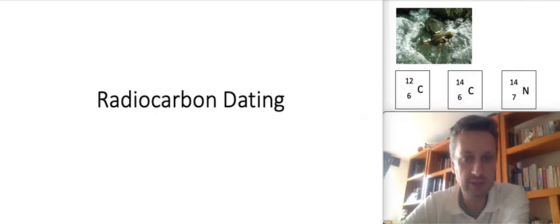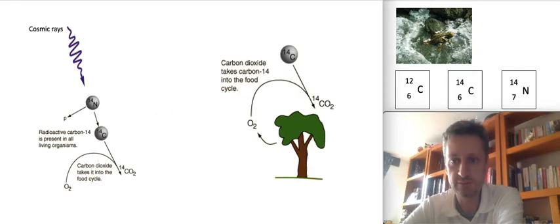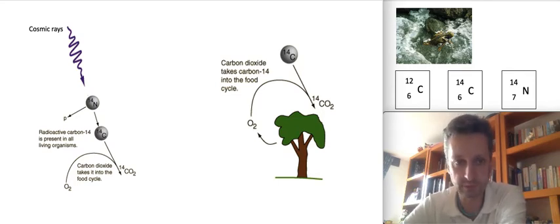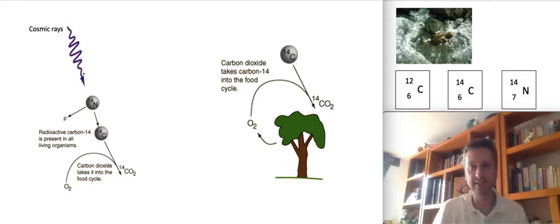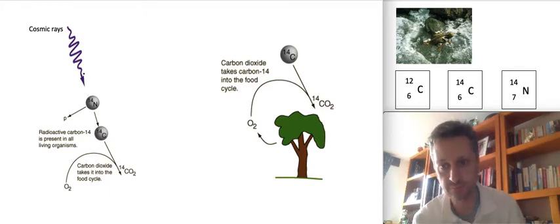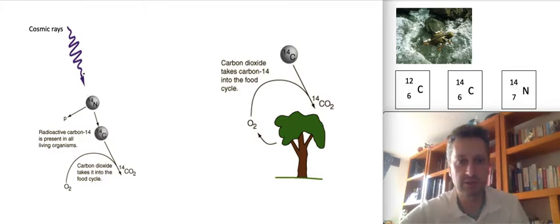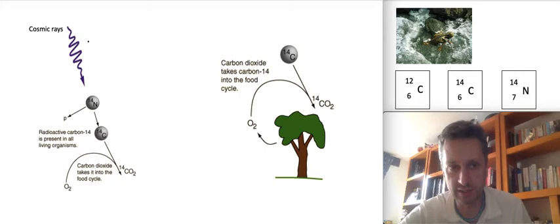Okay, so let me explain the process of how radioactive carbon, or carbon-14, is formed. It's quite an interesting process. It begins with cosmic rays hitting the atmosphere from space. We don't need to go into this process, but basically it hits gases, particles in the atmosphere, and causes them to spit out neutrons.